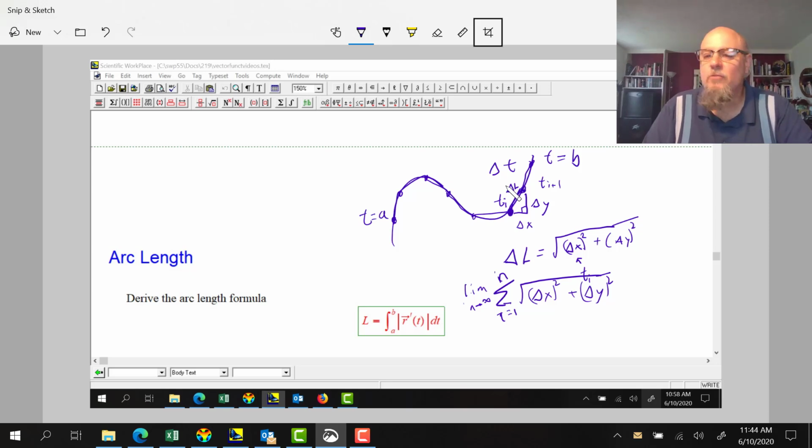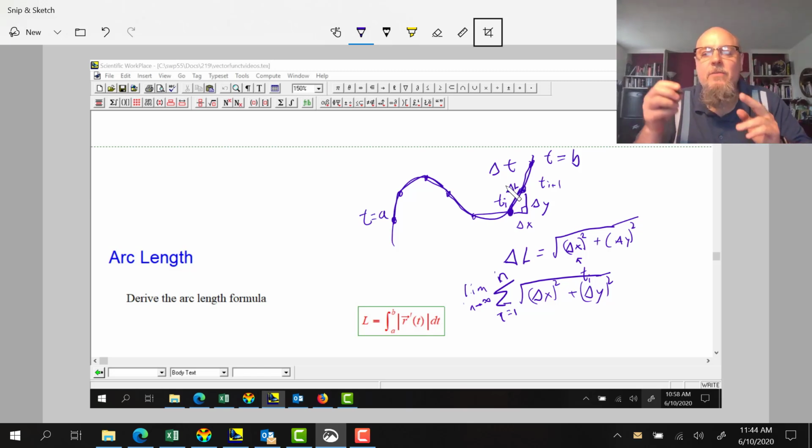Usually when our limit sum morphs into an integral, there's some distance that goes to 0, like a delta x going to a dx when we find area under a curve with rectangles. Here I've got 2 things, a delta x and a delta y.